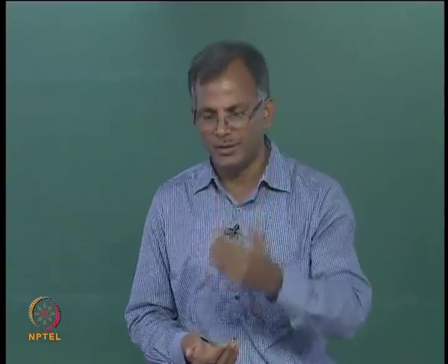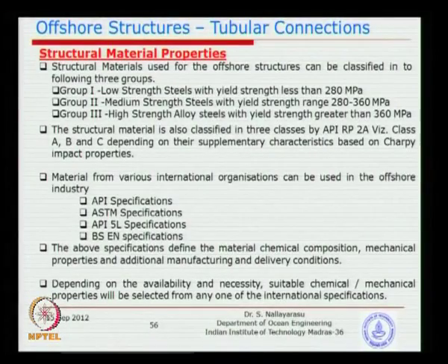While doing so, you see the material for structural applications, API classifies into low strength, medium strength and high strength. Basically the range of yield strength is given as 280 to 360 and beyond 360. Normally beyond 360 is not recommended because of the welding-associated problems there.